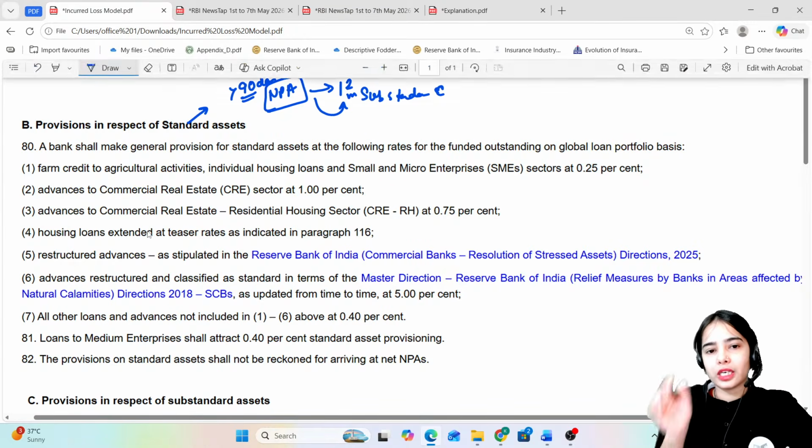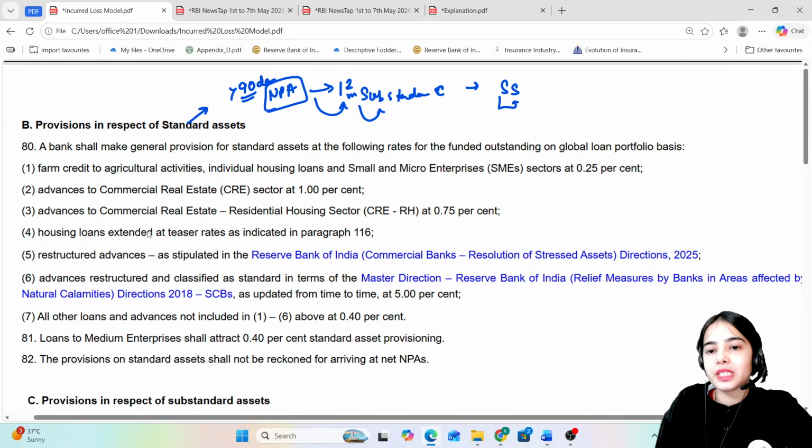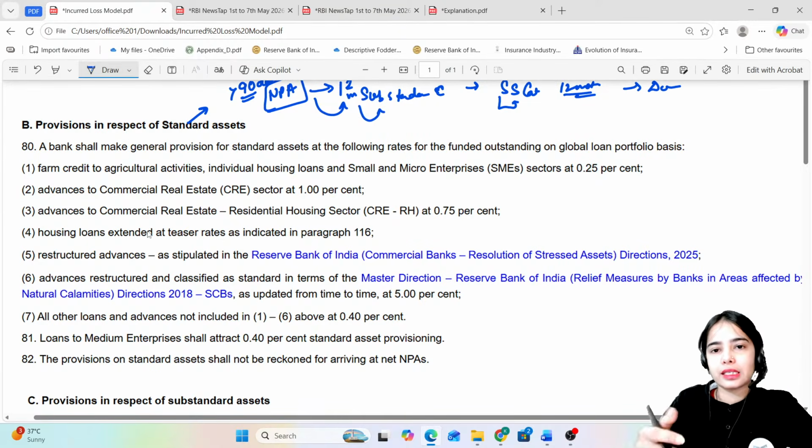And if the loan is under the substandard category for 12 months, then it will come under the doubtful category. So you can understand that this is the categorization.